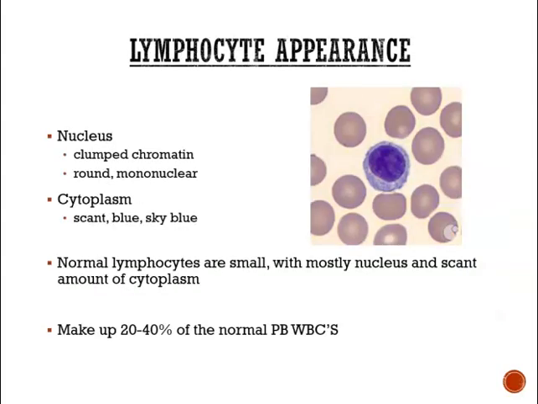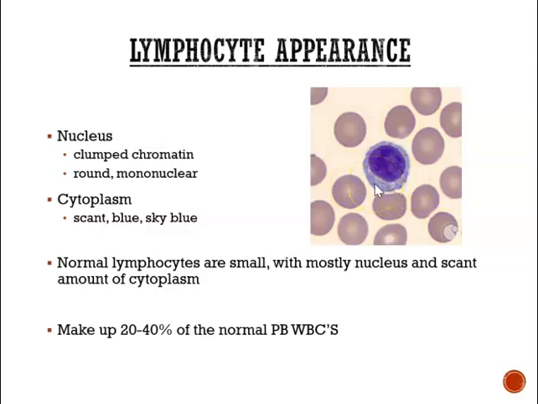As far as the lymphocyte's appearance, the nucleus has very clumped chromatin. So you have this very dark, dense-looking nucleus. It's round. It's mononuclear, so it's going to be round. You're not going to have any lobes. The cytoplasm is blue, scant in amount, and can be considered sky blue in color.